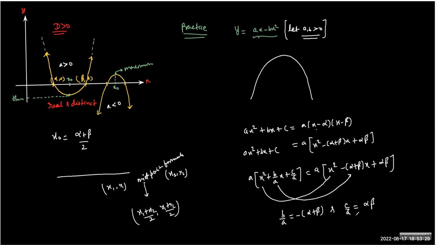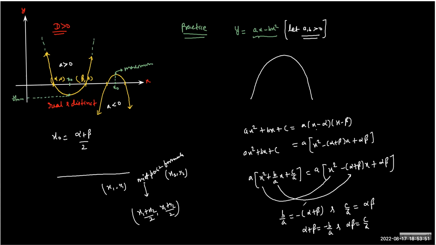Yes. So what we realize from here, the summation alpha plus beta is how much? Minus b by a. And alpha into beta is how much? c by a. So the sum of the roots is minus b by a. This is from the actual quadratic equation, not for this equation which I have given.